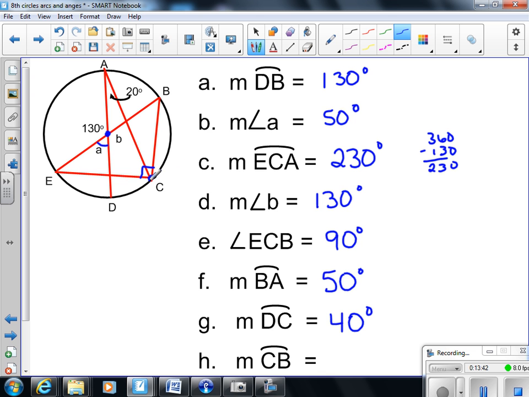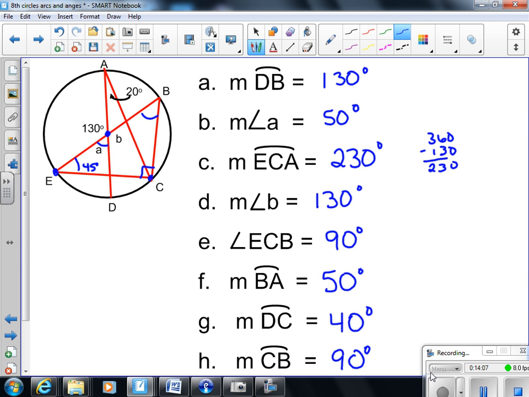How do I get that? Here's your inscribed angle. If we know that this is a right angle and this is 180, then these must be exactly the same, or 45 degrees. Therefore, the measure of that arc would be 90 degrees.